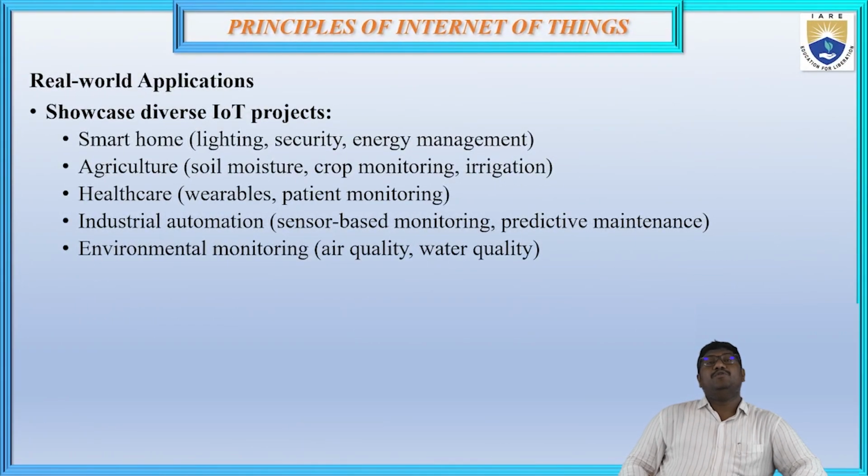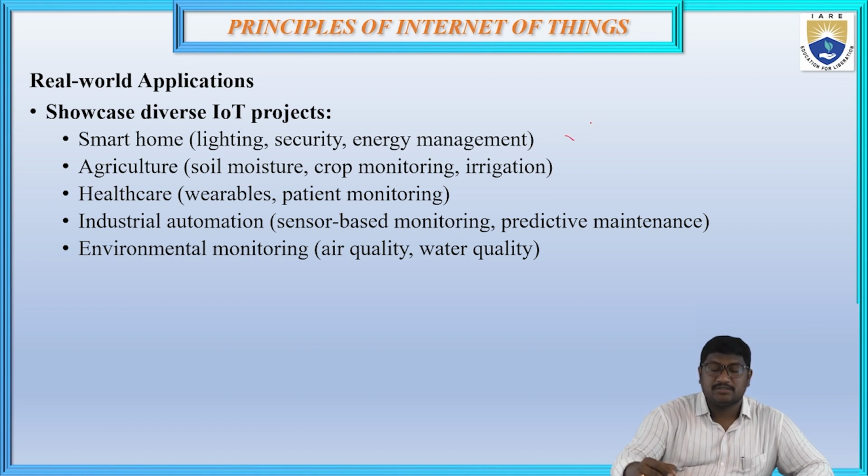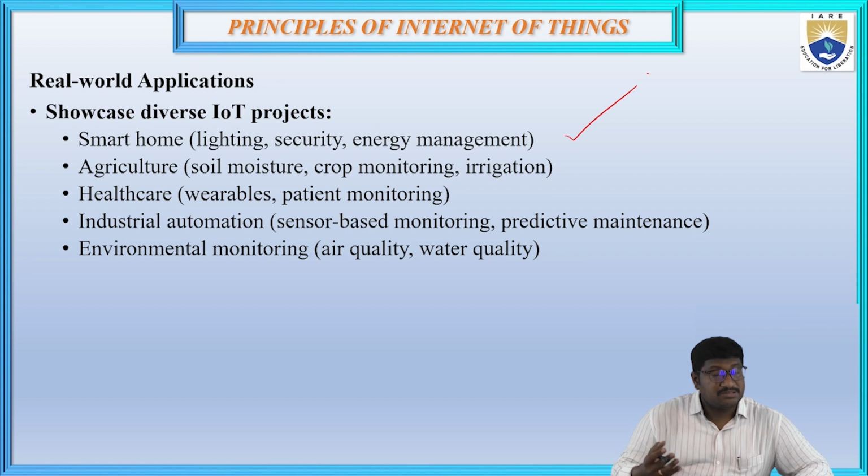And what are the real-world applications to show our diverse IoT projects? I told you, smart lighting, smart security, smart energy management, all these factors come under smart home. Coming to agriculture, soil moisture sensing tells us how much water level is there. Crop monitoring: what was the growth of the plant, is any crop affected by any kind of bacteria affecting the plants.